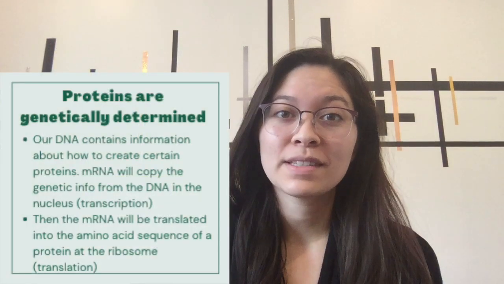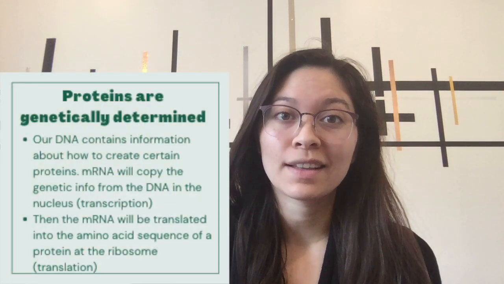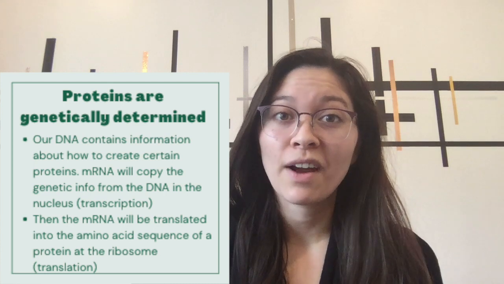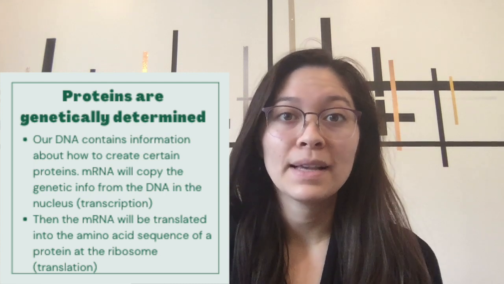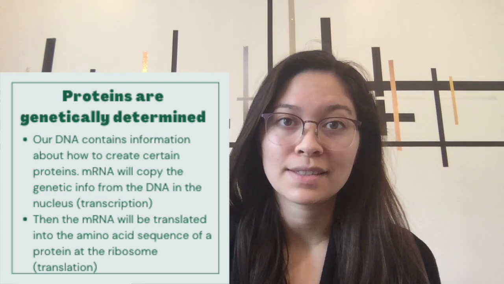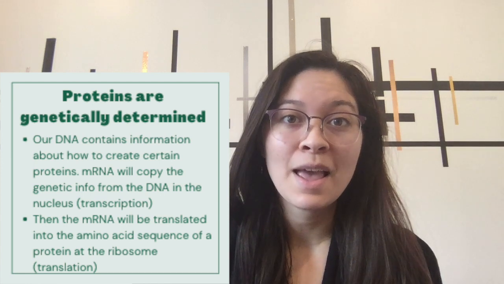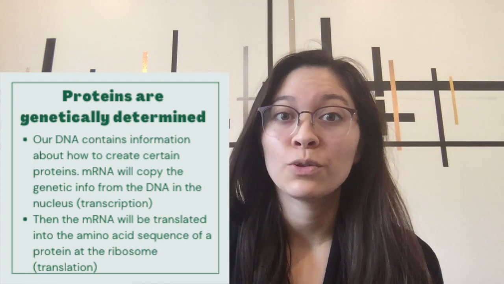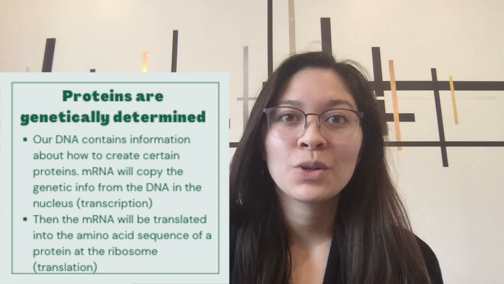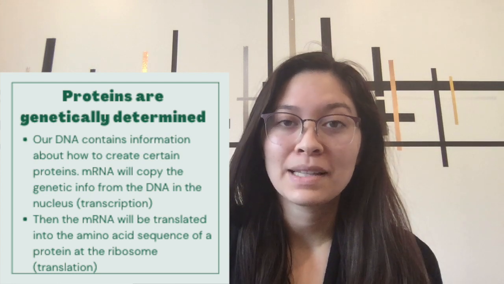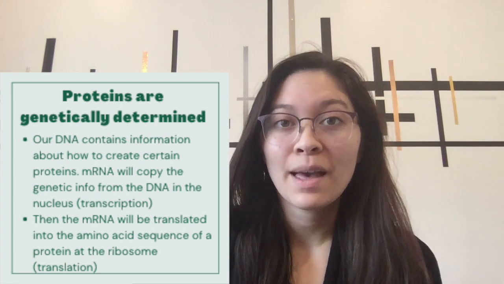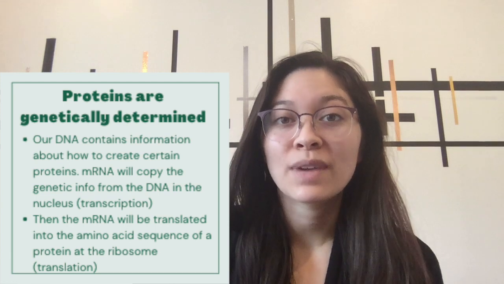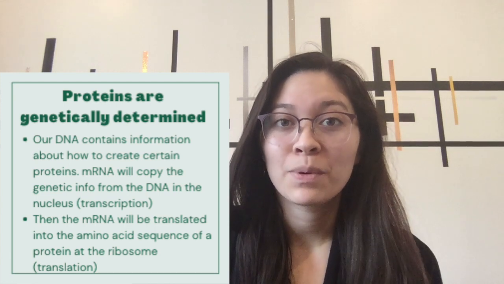It's important to note that proteins are genetically determined, meaning we figure out what kind of proteins we're going to make based on what our DNA tells us. The DNA is transcribed into an mRNA, or messenger RNA, and from the mRNA, that is translated to make a protein.